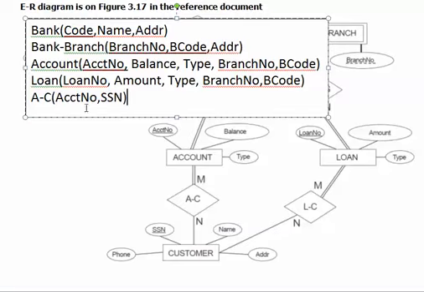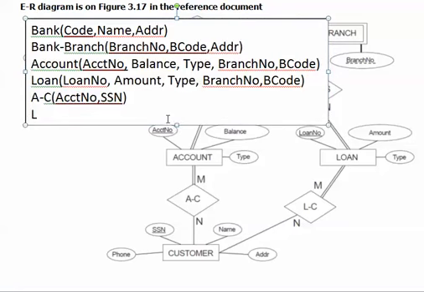So this will be the primary key together. Then it's the same on LC. In LC we get the loan number, comma, social security number. So it's the key from the two participating entities.